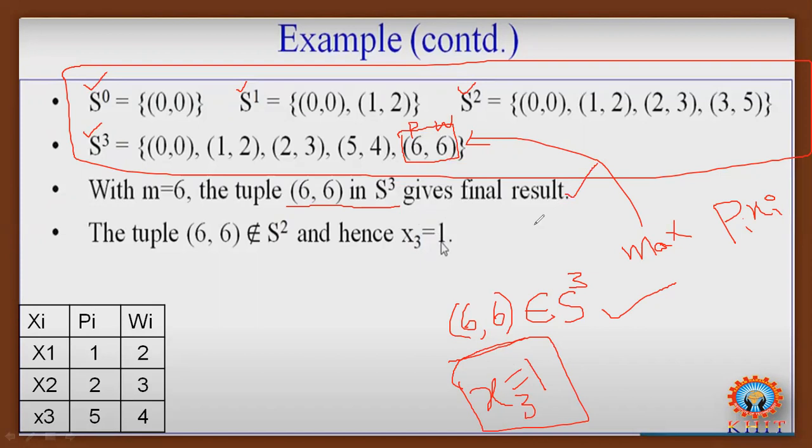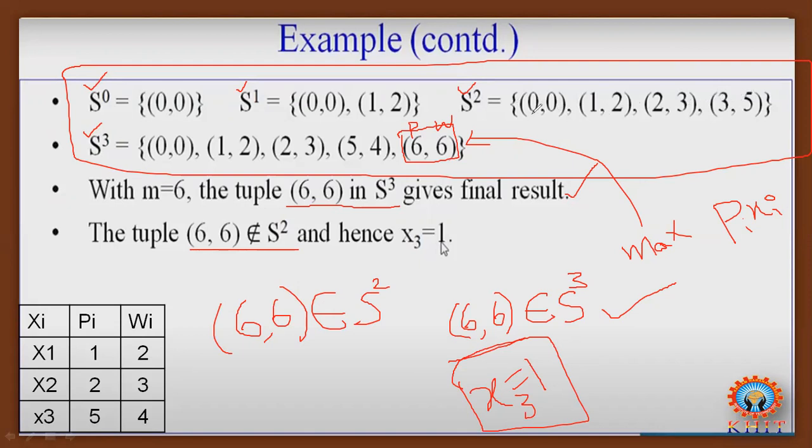Next, once you place 6 comma 6 in the bag, observe clearly in the same way whether the pair 6 comma 6 is available in S2 also. We will verify in S2. If you observe S2, the 6 comma 6 pair is not available.